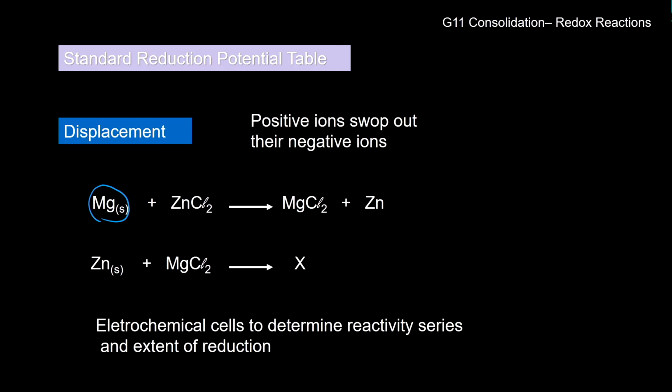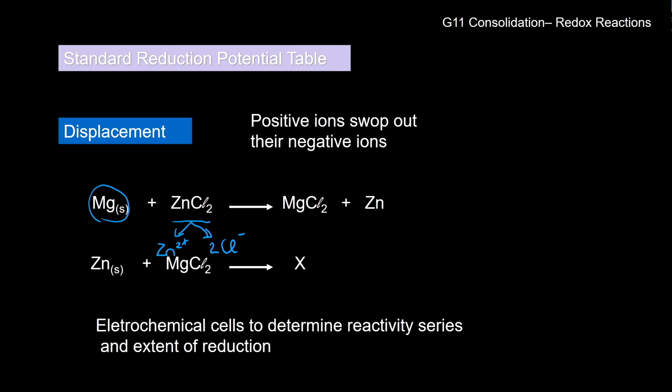It's a solid, and zinc chloride, which is a compound, and it would be placed in solution to form zinc 2+ ions and 2 chloride minus ions. Okay, so it's dissociating. It's called dissociation.